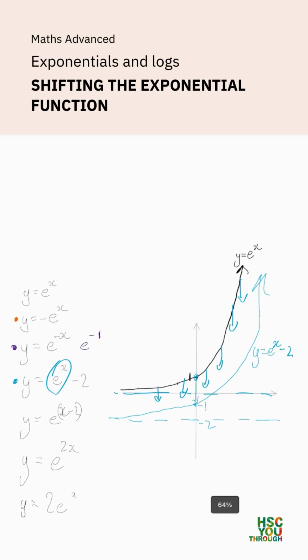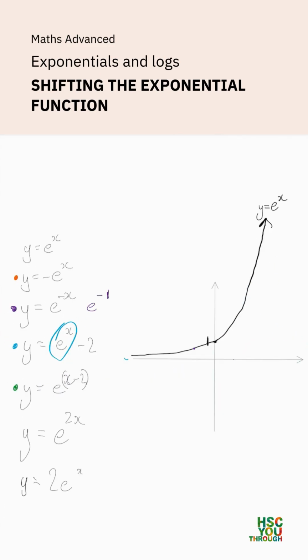Okay, how does that compare with the next one? E to the x minus 2 now. When you put something in the functional slot and you have a minus in there, that is basically delaying the function by 2. Because pretend I put in a 0 into here. It's now getting evaluated at x minus 2. So it's what this graph was, but 2 delayed, essentially.